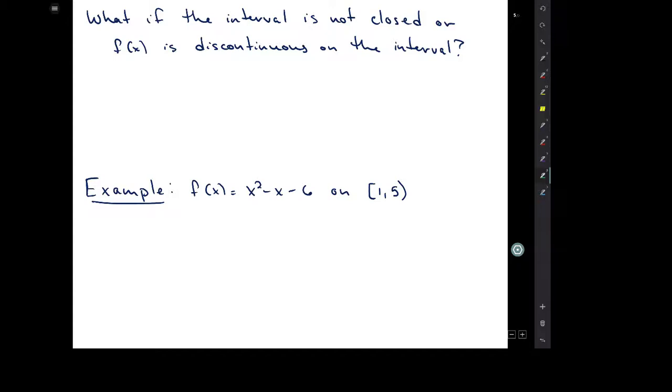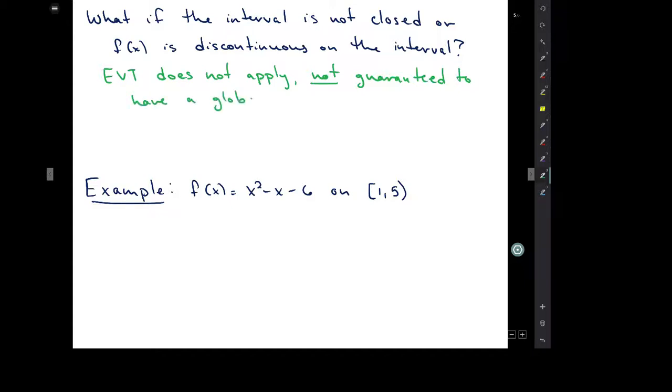So in this case, the extreme value theorem does not apply, and we are not guaranteed to have a global max or min. We might have them anyway, but we might be missing one or both of them.